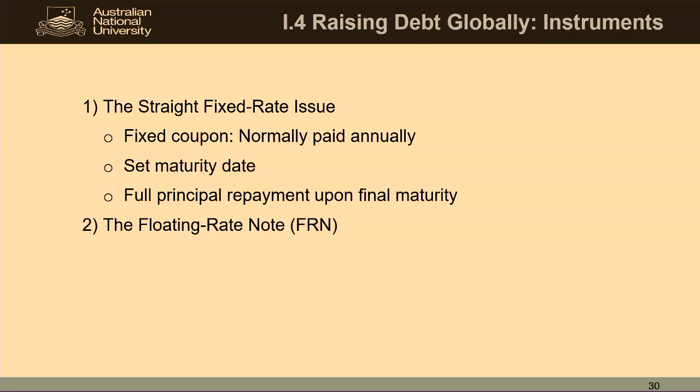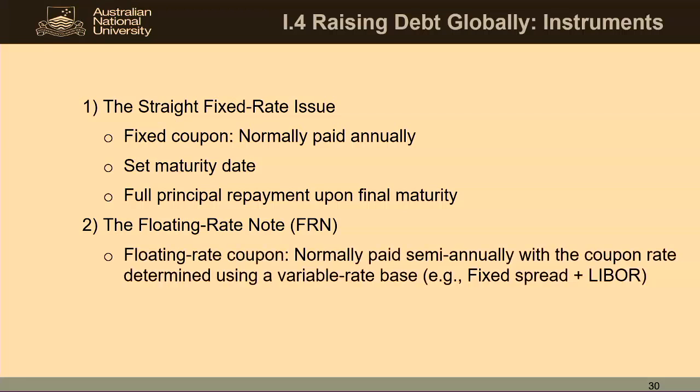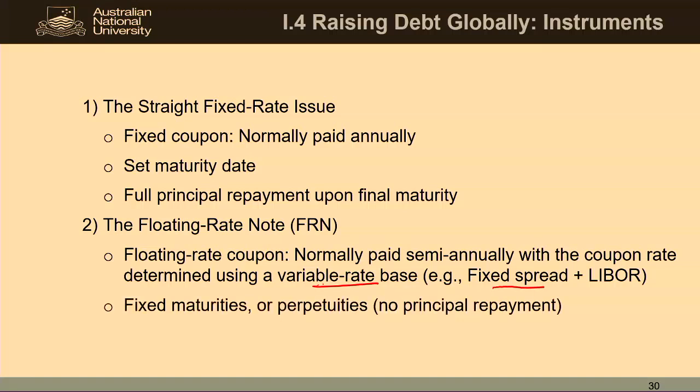And then we also have what's called the floating rate note, FRN. The difference here is that the interest rate is floating, a variable rate base, where you typically have a fixed spread on top of the LIBOR. Fixed maturity, no principal repayment because it could also be perpetuity, and similar to an adjustable rate mortgage that you see.